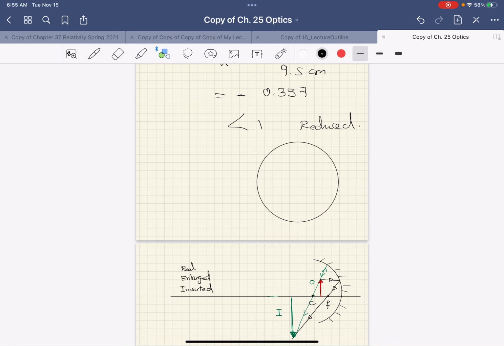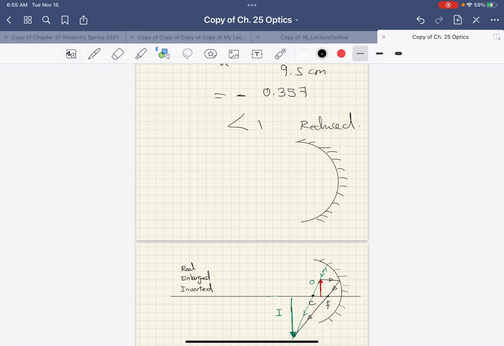Here, of course, this is a concave mirror.